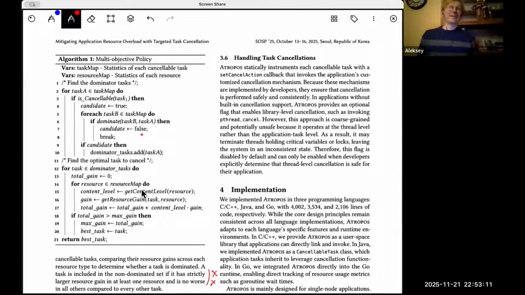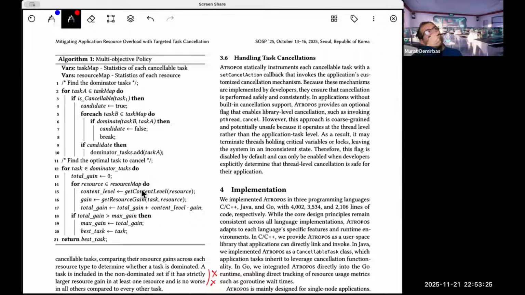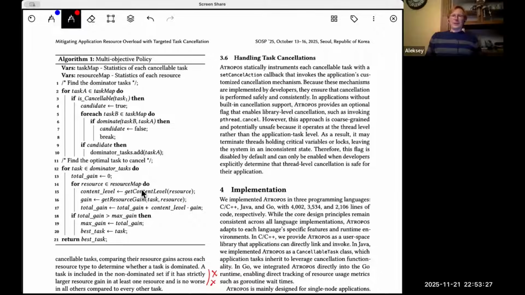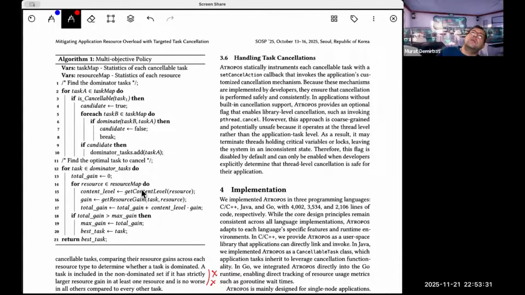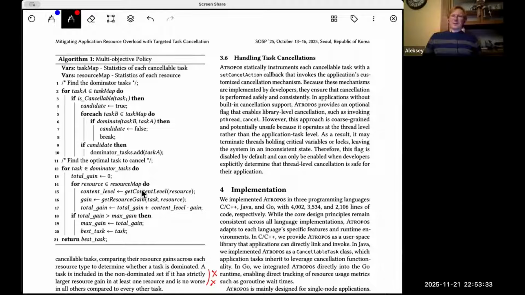I think I get the idea at the high level, right? They get a set of tasks that they cannot compare easily. You can say that one task will be strictly better than another if it performs strictly better on all the resources, right? But if you cannot compare them, you find the best of these tasks that you cannot compare.